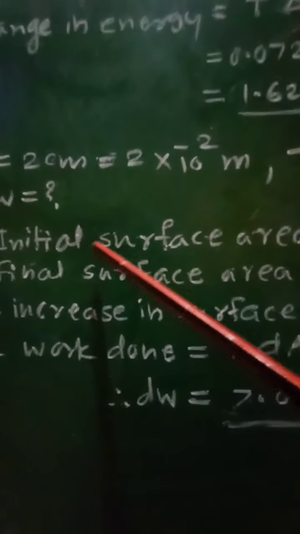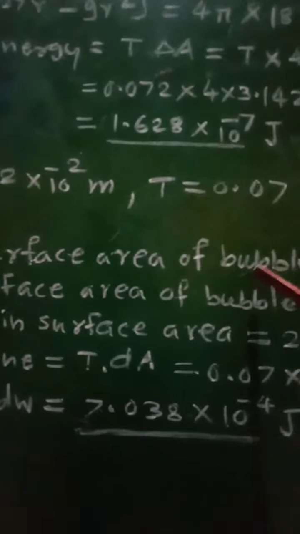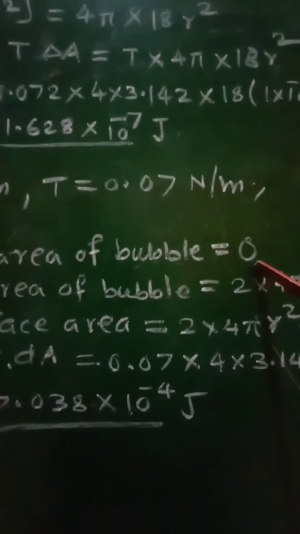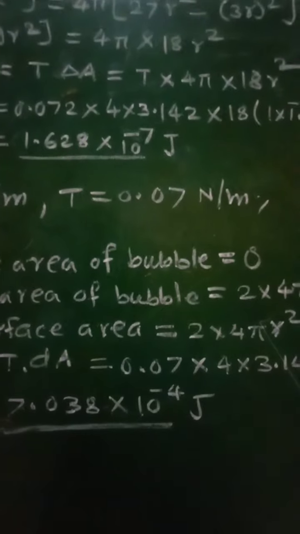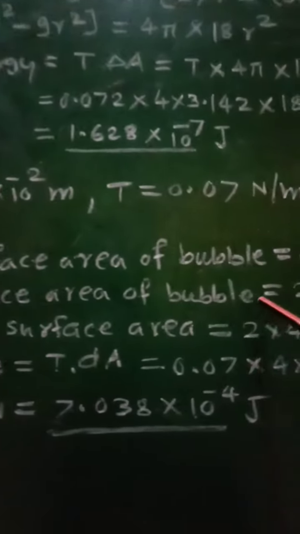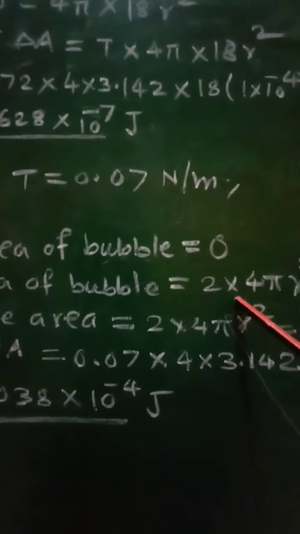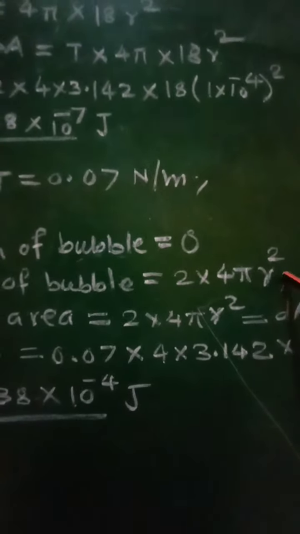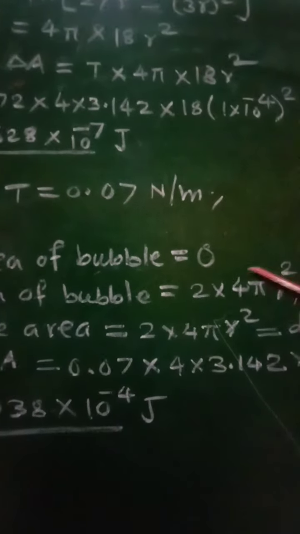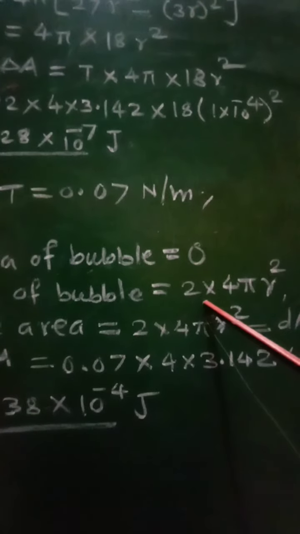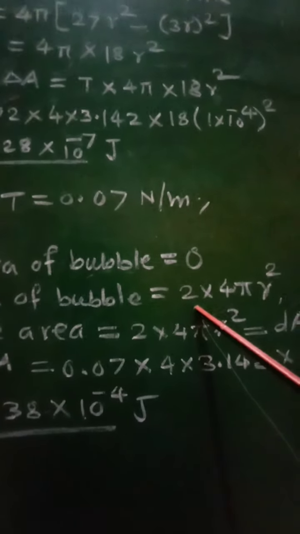Therefore we will proceed as: initial surface area of bubble will be equal to 0, as that bubble is not formed. Then final surface area of the bubble will be equal to 2 into 4 pi r square. Here factor 2 comes because for that bubble two surfaces are there, inner and outer surface.